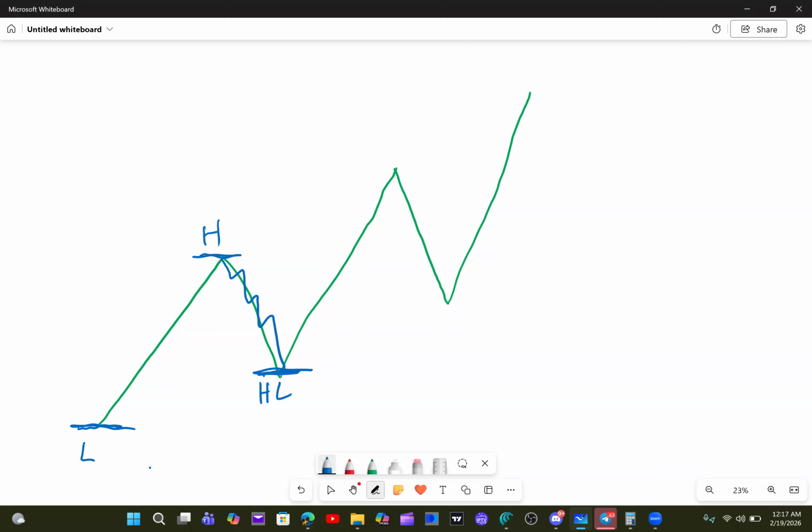This is called a higher low because it's on the low side of the candles, however, it's higher than the previous low. Then the market will give you that impulse up, and it's going to create a higher high.